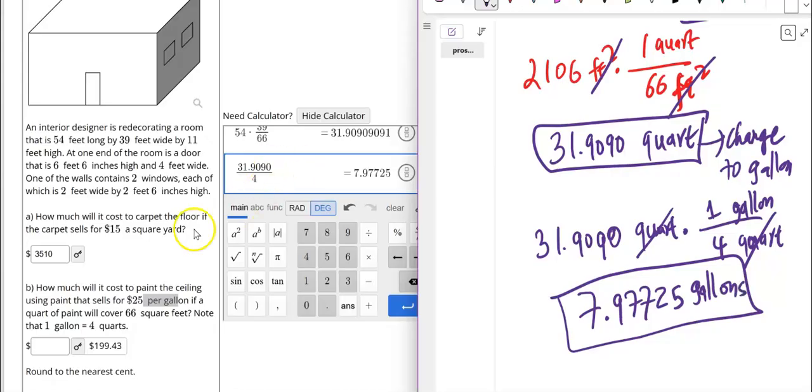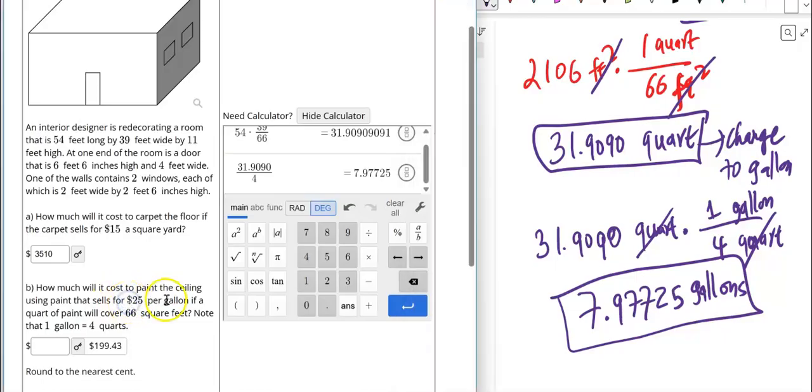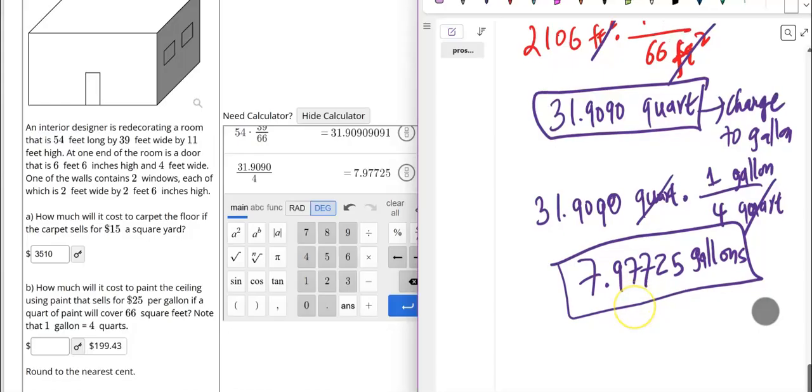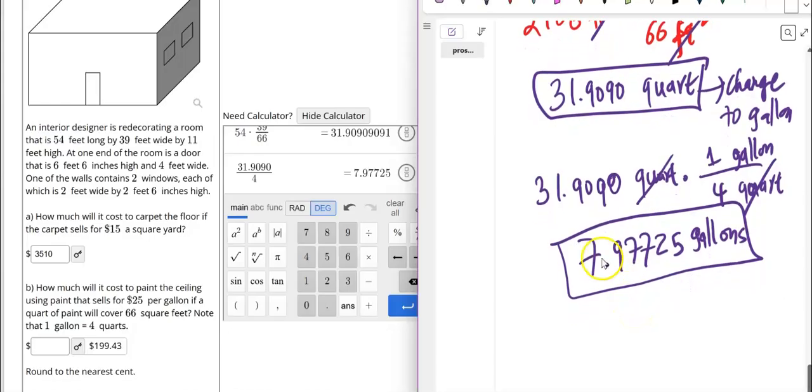I changed quarts to gallons because my question has the price per gallon. Since 1 gallon costs $25, and I need this many gallons, I multiply 7.97725 times 25.